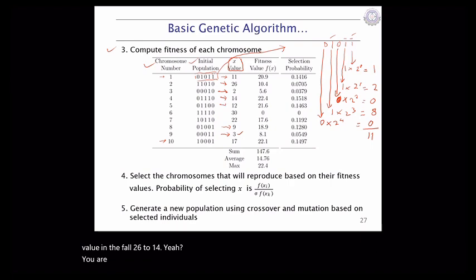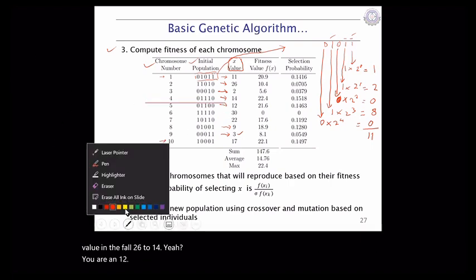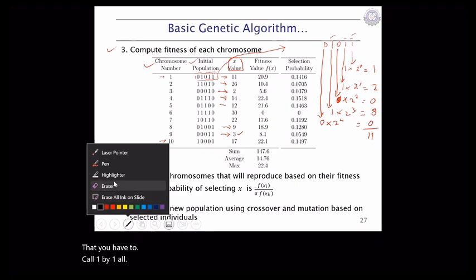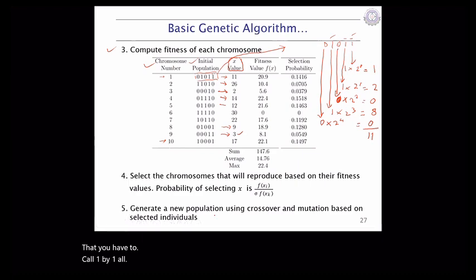and 12. You have to count one by one all of them: 30, 22, 9, 3, and 17.